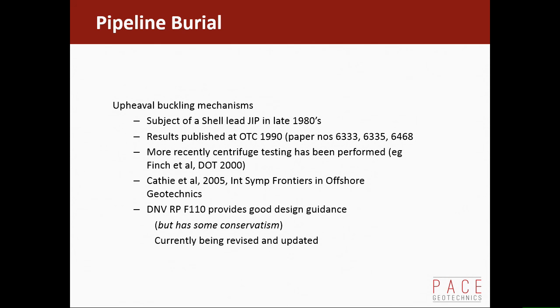I've mentioned Dave Cathy's paper before, but that's got some information in it. And then DNV RP F110 provides some good guidance on upheaval buckling analysis and how you should approach it.